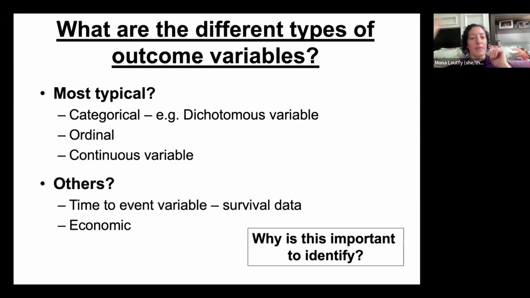Continuous variable, right? And then that person will have another variable that we collected, let's say ethnicity. So the 25-year-old, let's say, identifies as Black. The 56-year-old identifies as South Asian. The 64-year-old identifies as Latinx.